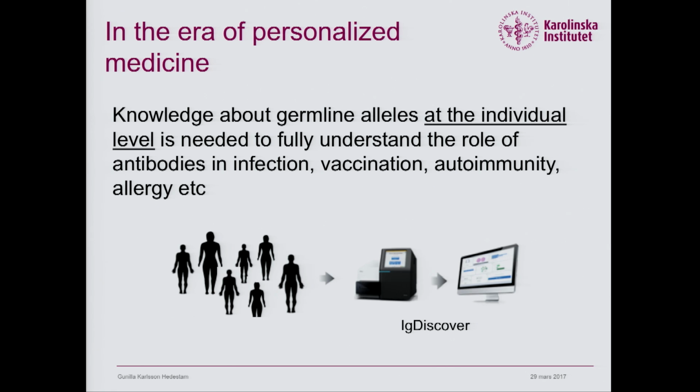There is a gap in our knowledge about alleles, antibody alleles, in diverse populations. And we think this is important for future association studies, not only for infection and vaccination, but perhaps also to understand autoimmunity or allergy, where antibodies also play a role.